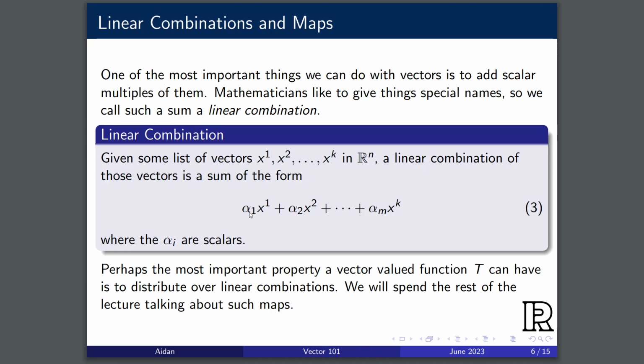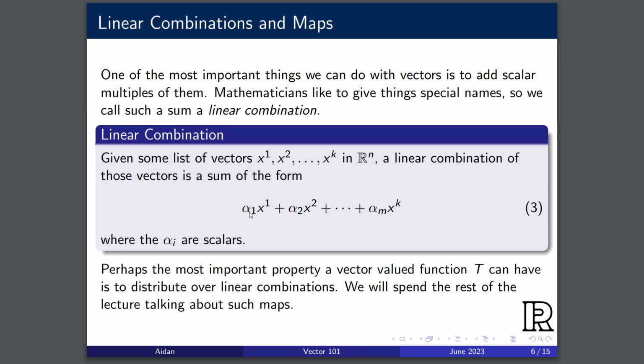This is very useful, and so if I ever say linear combination, I just really mean a sum of vectors times some scalars. You can think of this as a weighted sum, right? If I just added up all the vectors, that's technically a linear combination. But I also can add some weights to them, which are these alphas. And so that's a linear combination.